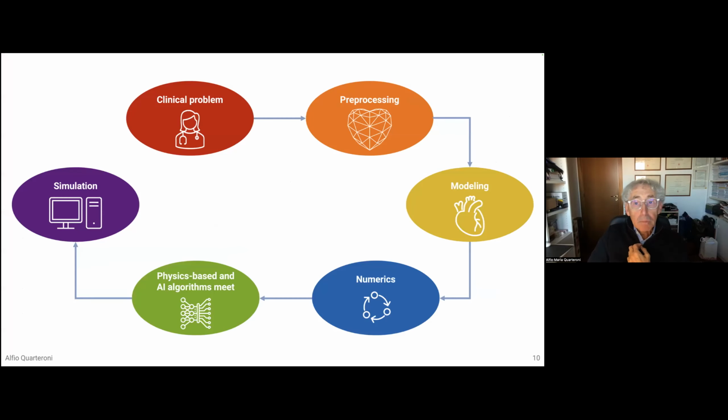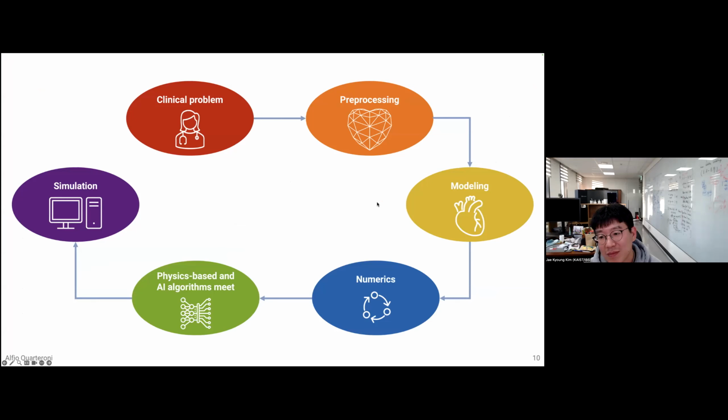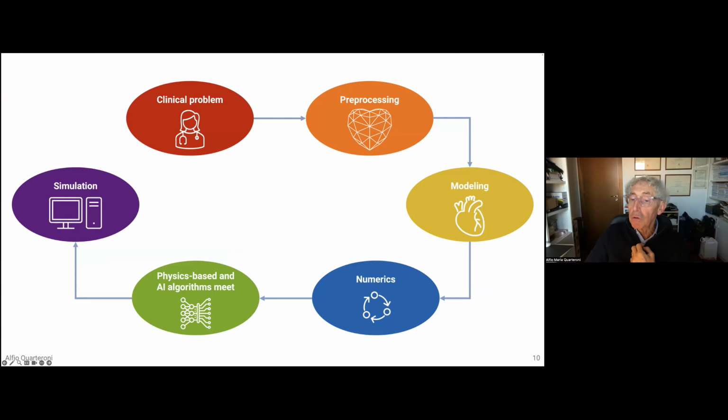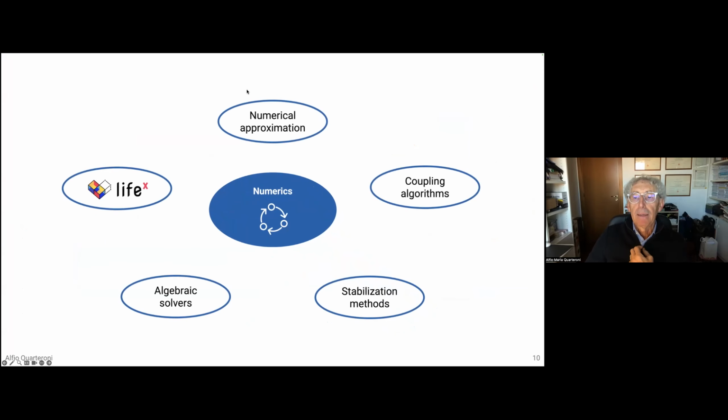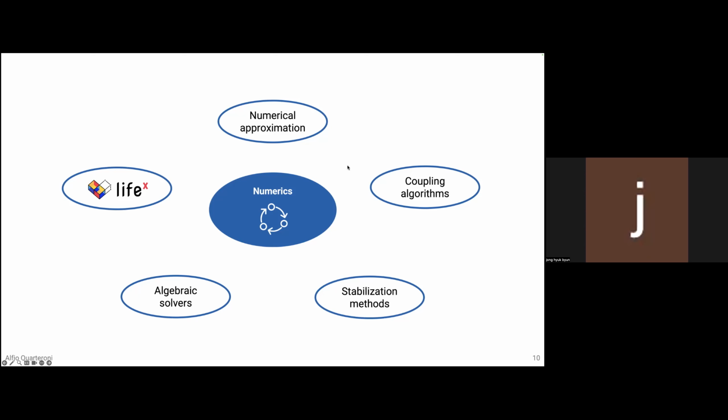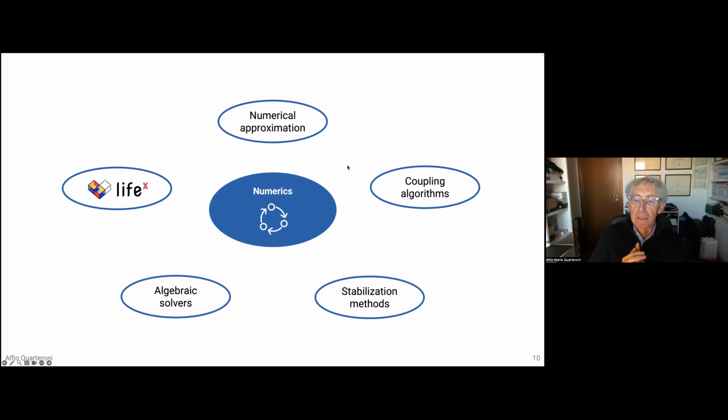So this was the modeling, and now we need to go to the numerics. Basically what we have to address is how do we approximate those mathematical models? Which kind of numerical methods do we use? How do we couple the different components of all these physical processes?